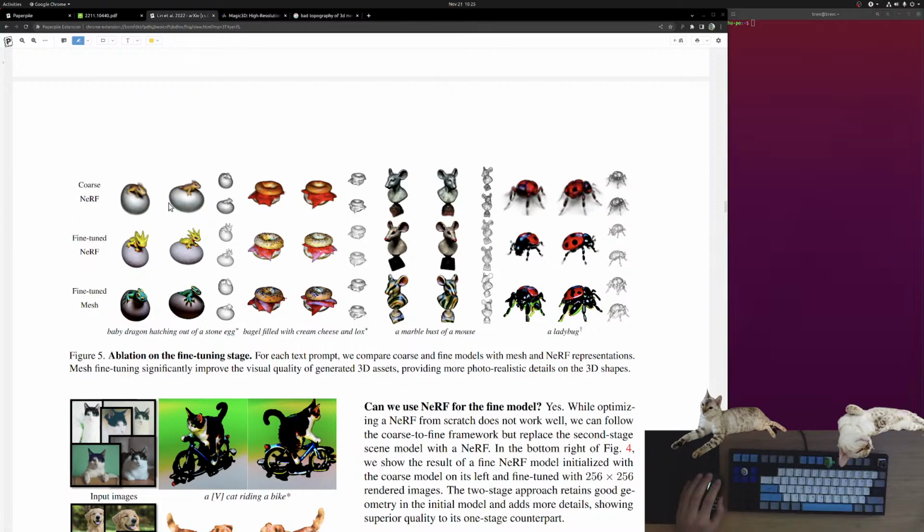Okay, so it's kind of like an ablation of how much the fine-tuning is adding to it. You have just the coarse, which is the 64 by 64, the fine-tuned, which is the 512 by 512, and then the fine-tuned actual mesh, right?